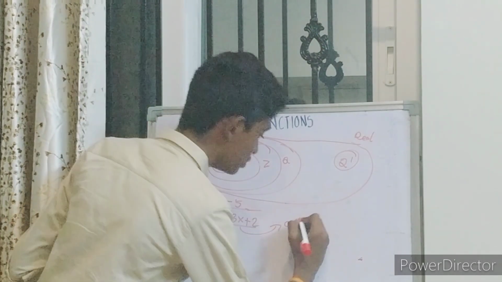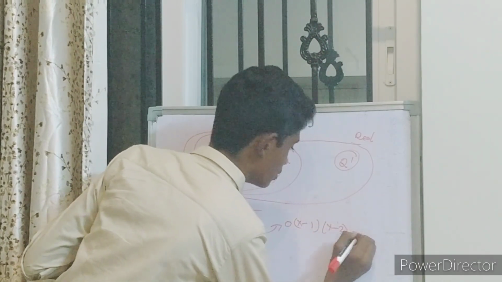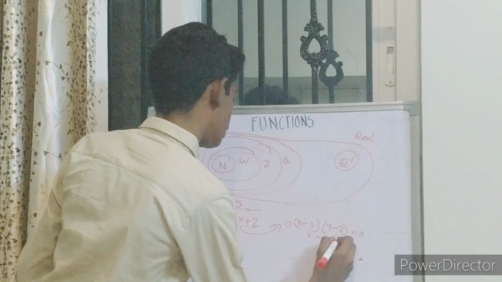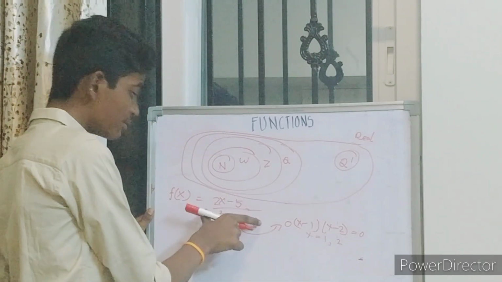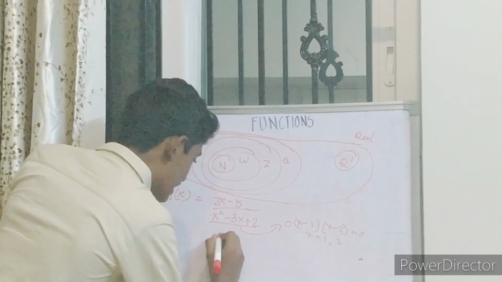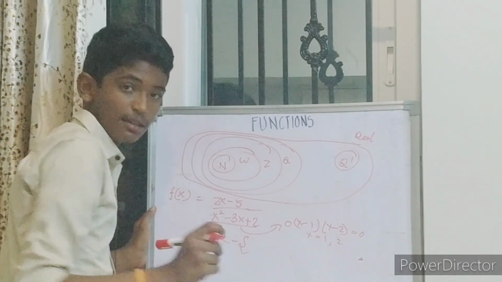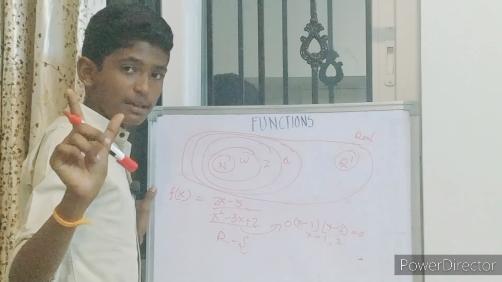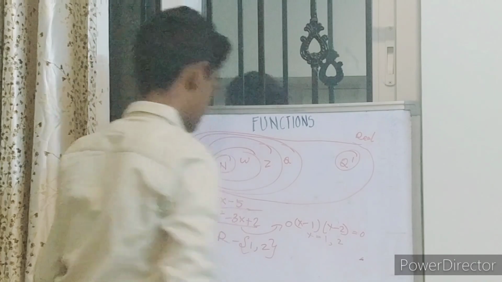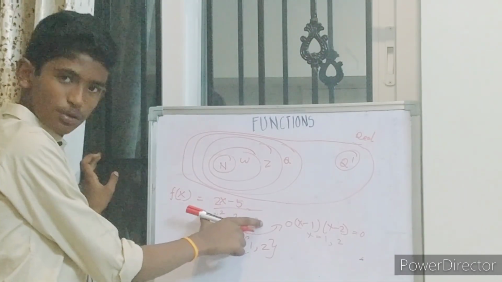Now if you factor this, you will get (x minus 1) into (x minus 2) is 0. So x is equal to 1 and 2 for this value to become 0. So you can put any real number except 1 and 2. Here's the solution. It should not be 0.